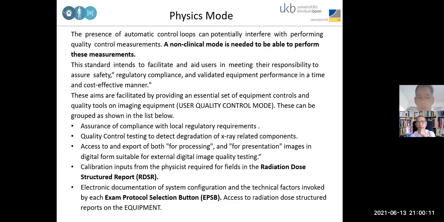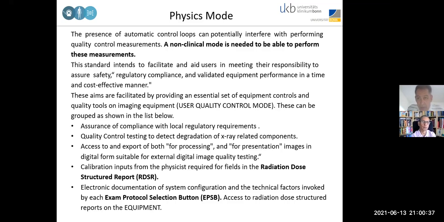And now it comes to two important parts which are getting more and more into focus: the radiation dose structured report, the RDSR. The calibration should be put in by the physicist for every field into this report, because they are exported and they are observed by the authorities.